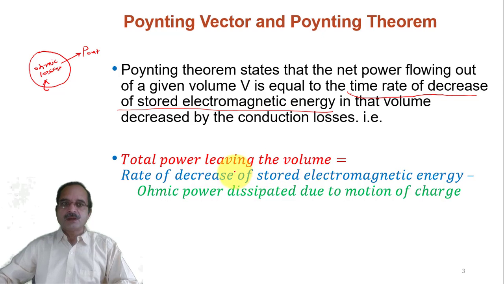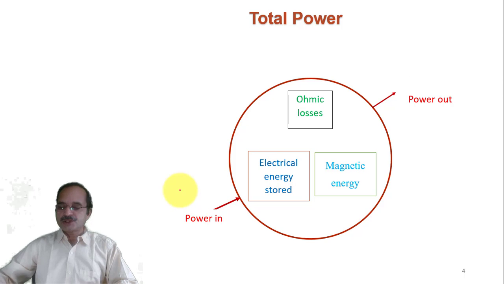So the total power leaving the volume is the rate of decrease of stored electromagnetic energy minus the ohmic power dissipated due to motion of charge. So this we represent in this diagram.